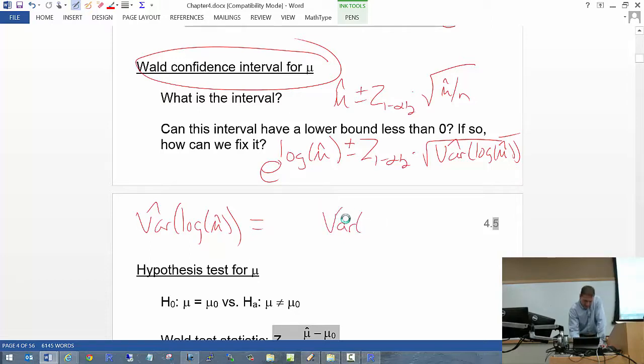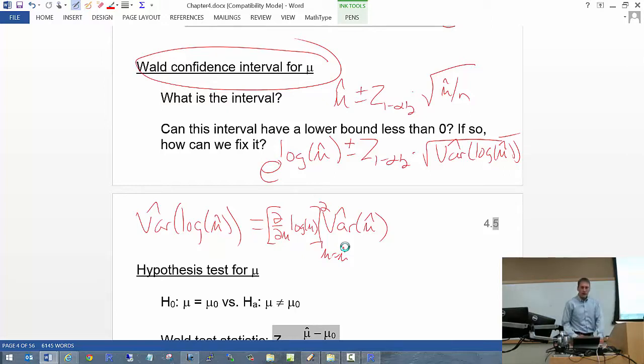So you take your estimated variance for mu hat that you calculated before, and you multiply it by the square of the first derivative of your transformation. And let's evaluate this at mu equal mu hat. That's all you would do. That's very simple.